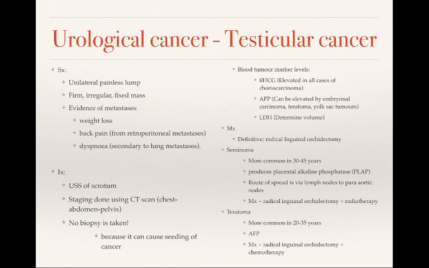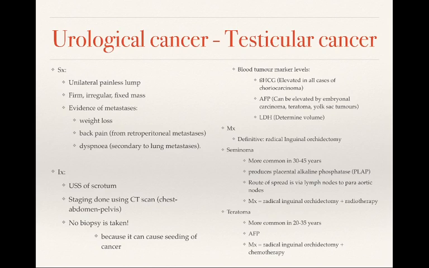LDH is an interesting one because it does not determine the type of cancer, but it determines the volume. So if LDH is increased, that means the volume or cancer bulk is increased. So it indicates the bulkiness of the cancer, how bad it is, I guess.